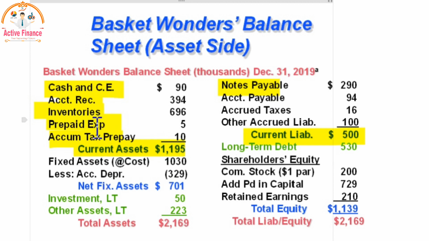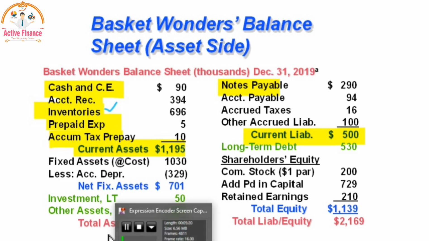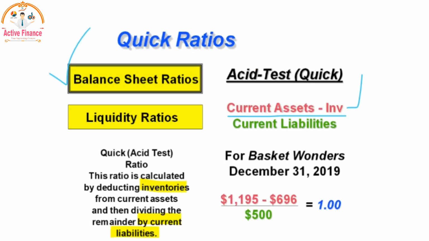This is our inventory. This is our inventory value. We will deduct it from current assets. Here we have deducted the inventory from current assets and then we will divide by current liabilities and we will get the quick ratio of this company.